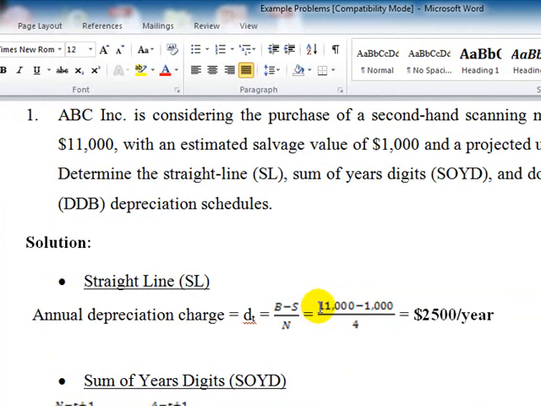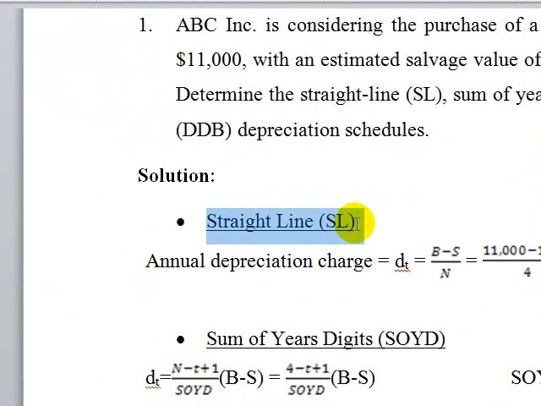So total, as I said before, total depreciation is 10,000, which is 11,000 minus 1,000. We divide that total depreciation equally among all the years. So we need to divide that by 4. So we have $2,500 per year, the depreciation schedule with the straight line depreciation method.